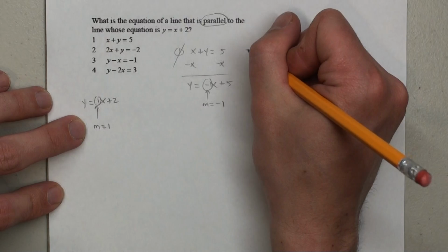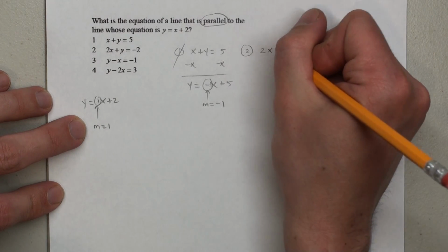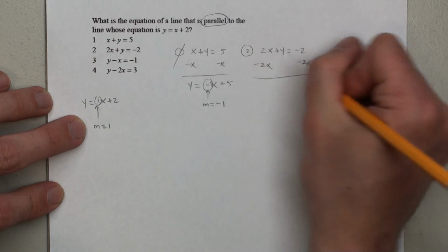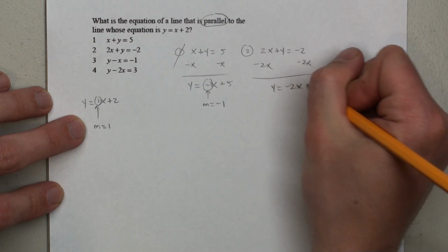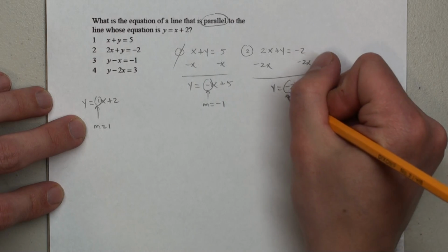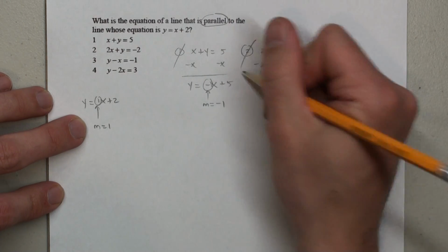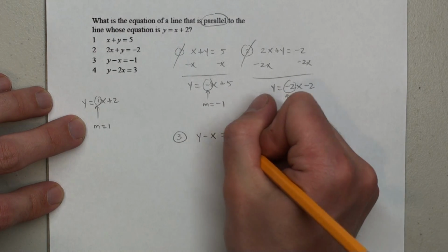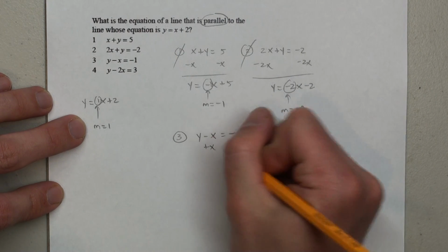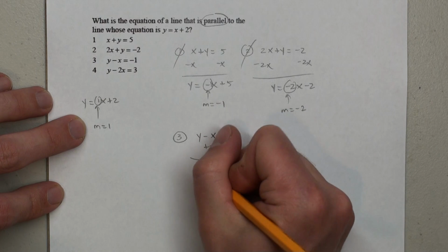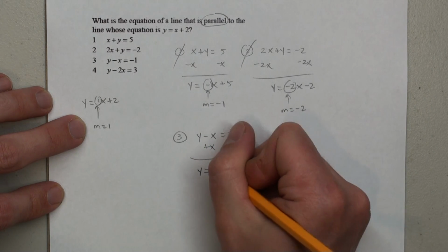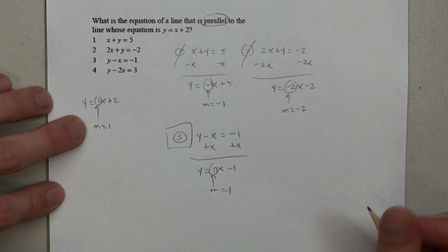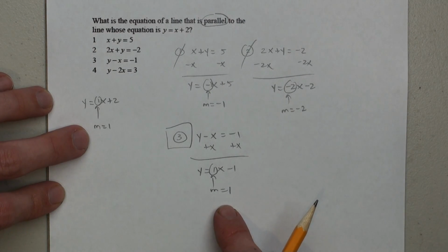That's a negative 1. Number 2, 2x plus y equals negative 2. My slope is negative 2 for this one. It's not that. There it is. Okay? Choice 3. They have the same slope.